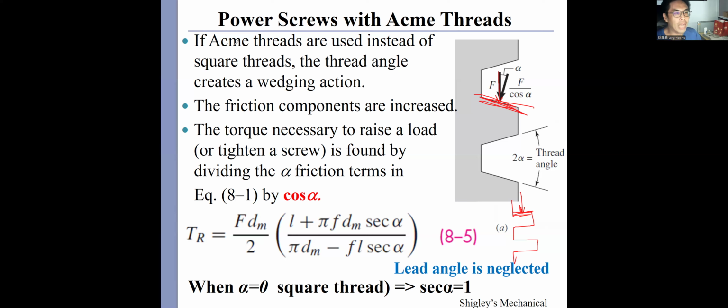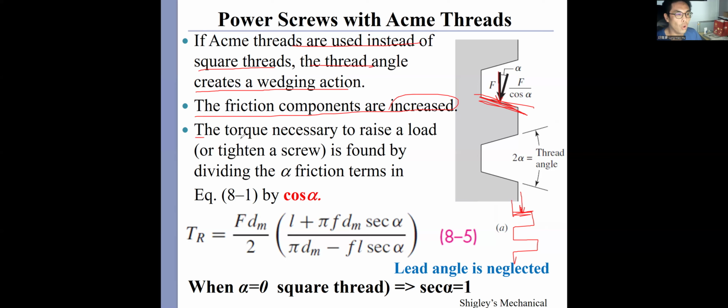Okay, so if the Acme thread is used instead of the square thread, the thread angle creates a wedging action, and the friction components are increased. Right? The friction components are increased.